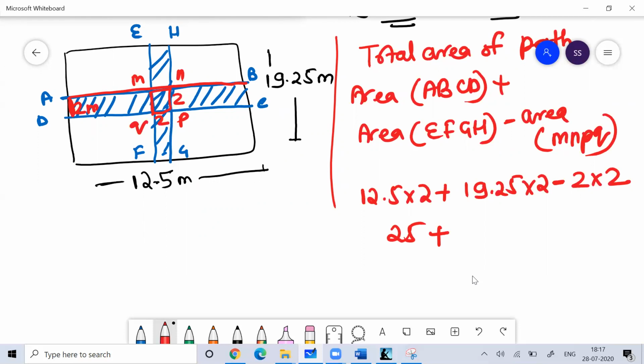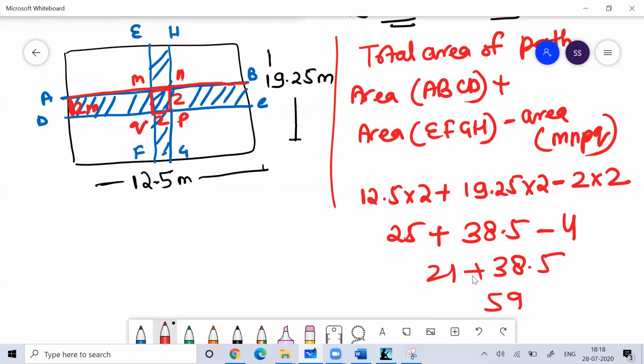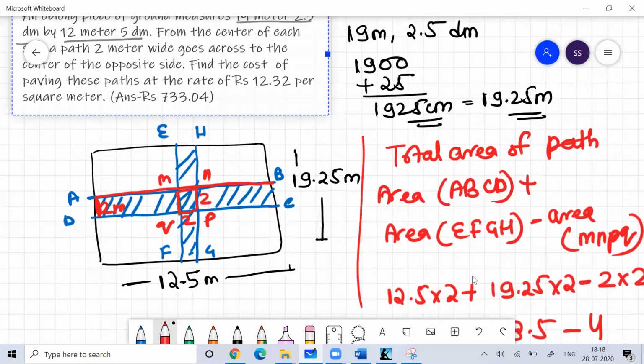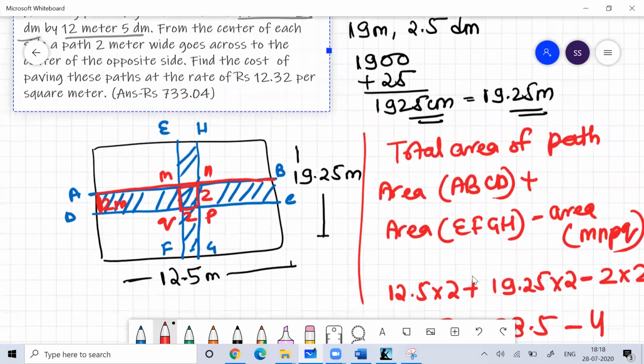So 19 1 by 4 means 77 by 4 into 2, which means 77 by 2. 77 by 2 is 38.5 minus 4. So you can write 21 plus 38.5. So this is 59.5, and the cost is 12.32 rupees.